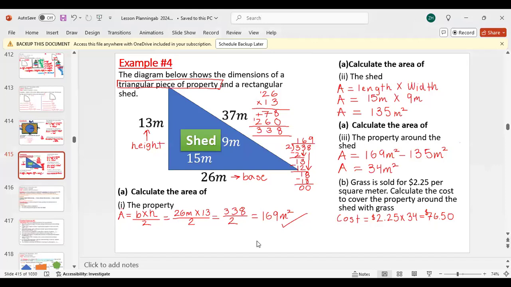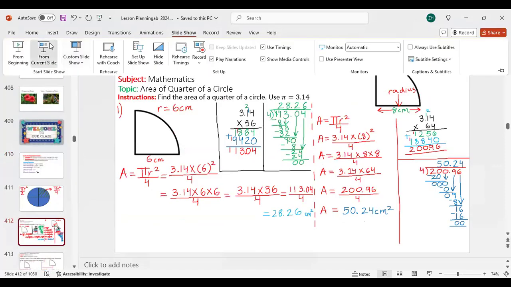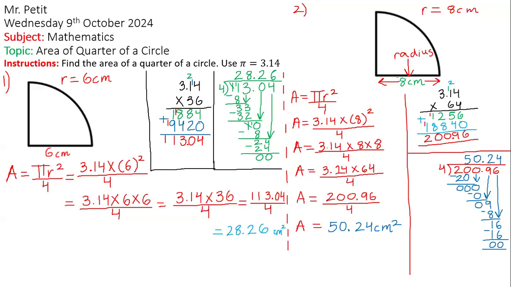Excuse me, Mr. Petit, I got a 14 out of 14 on the quiz. Very good. Where is Debria DeVoe? One moment. This is the first slide, so take a screenshot of this. I got it.